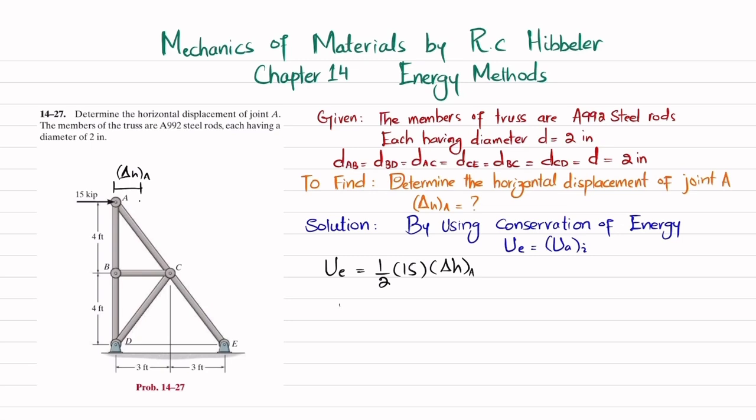Now we'll find the strain energy due to axial loading, which will be equal to the sum of N square into L divided by AE. Here you can see we have 6 members, 1, 2, 3, 4, 5, 6.